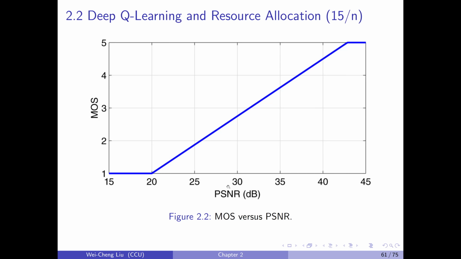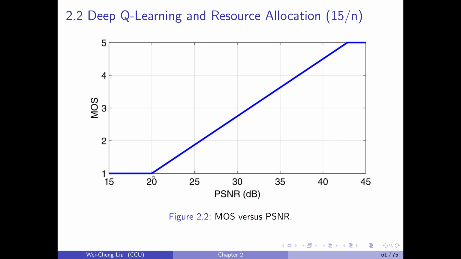On the x-axis is PSNR from 15 dB to 45 dB, and on the y-axis is MOS from 1 to 5. We can see that there is a very simple relationship between MOS and PSNR in dB.